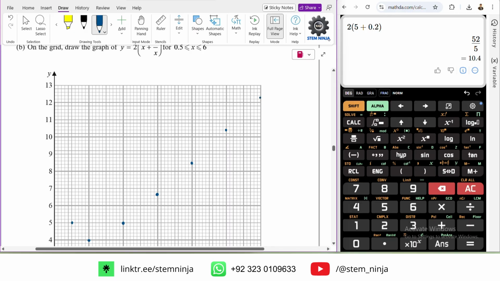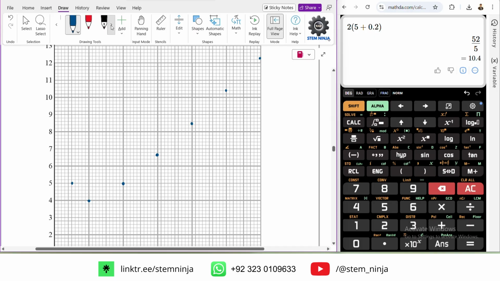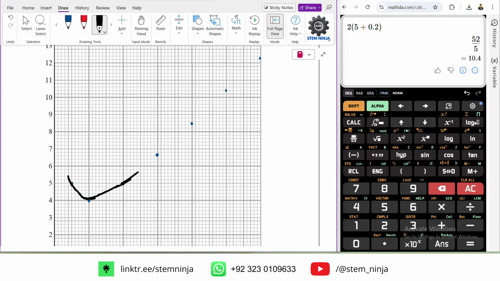So roughly over here. So the graph would look like this.